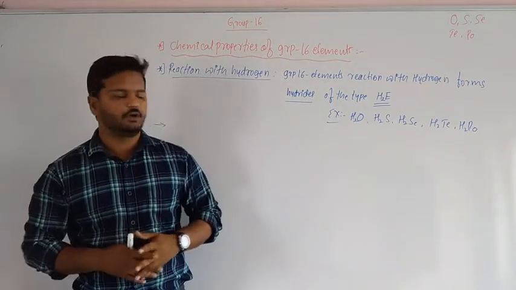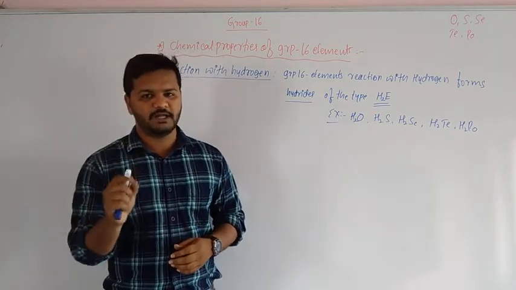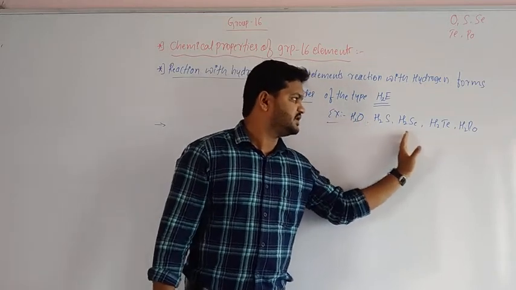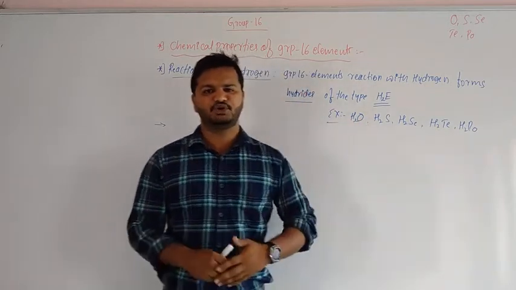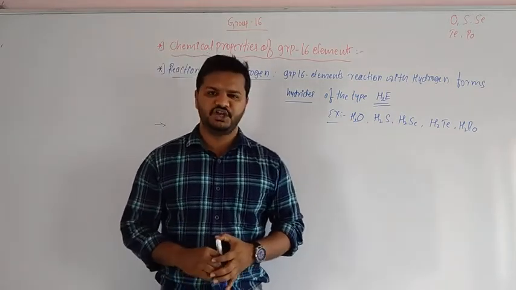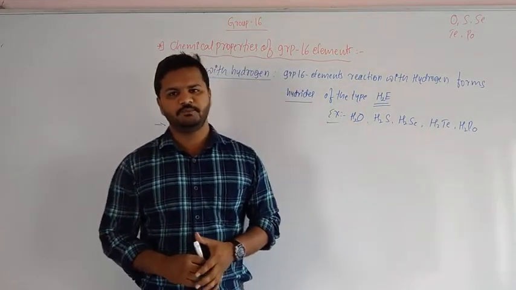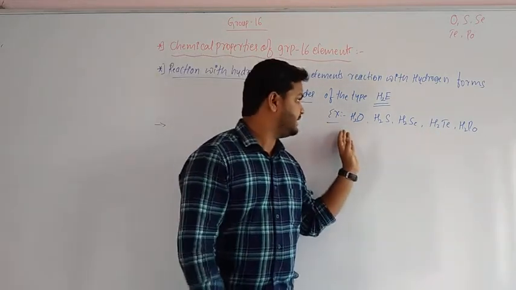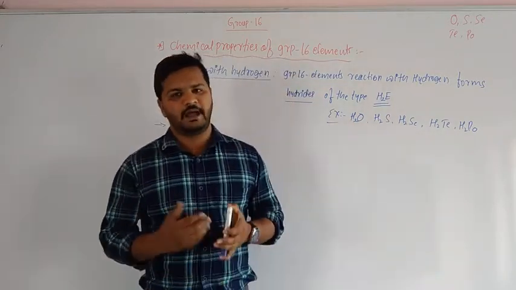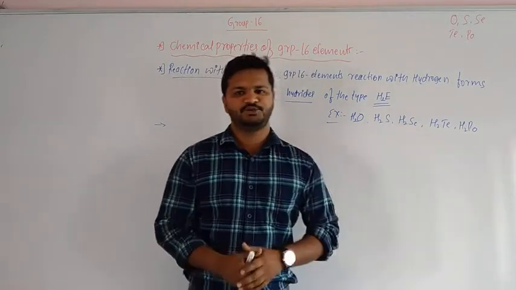Next one, reducing property: except water, the remaining H2S, H2Se, H2Te, H2Po show reducing property. Bond dissociation enthalpy decreases from H2O to H2Po, acidic property also increases from H2O to H2Po, and thermal stability decreases from H2O to H2Po.